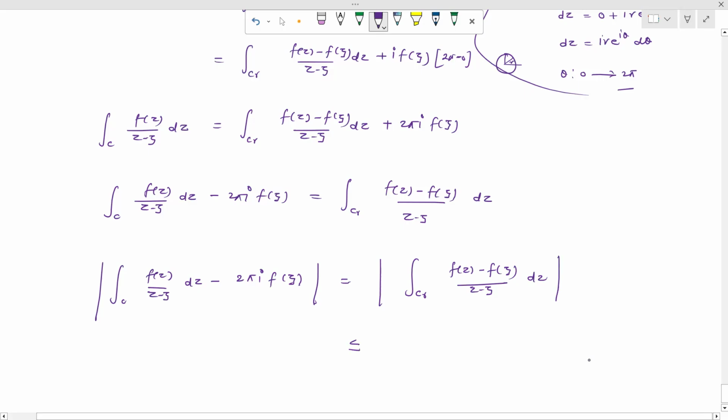So this can be written as less than or equal to the integration along curve C_R of modulus of (f(z) minus f(zeta)) upon modulus of (z minus zeta) into modulus of dz.